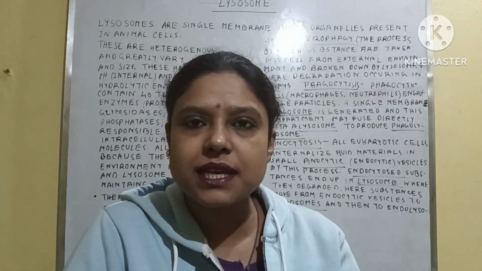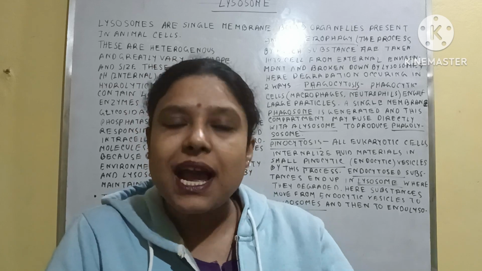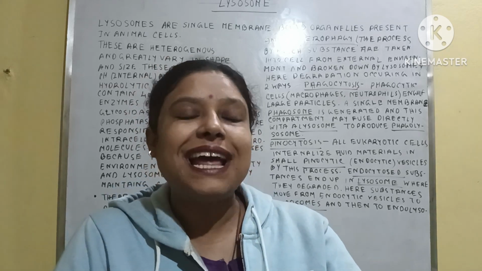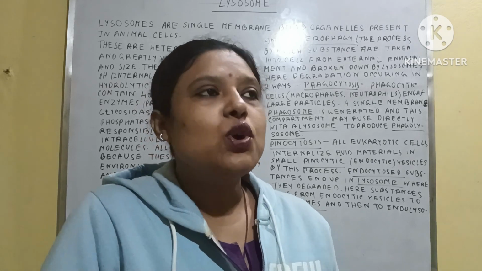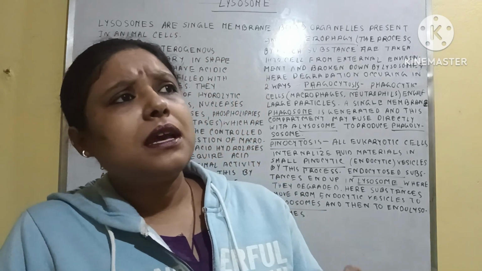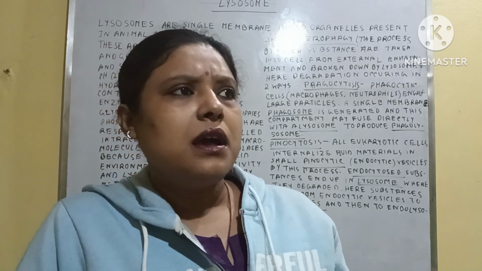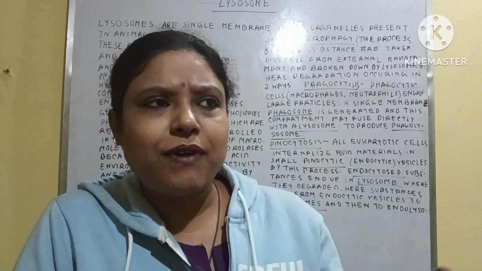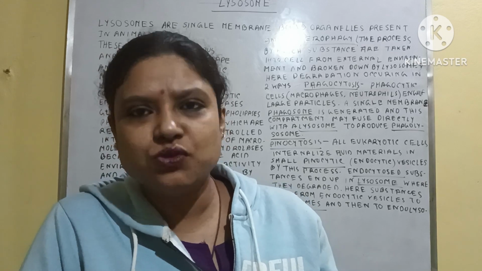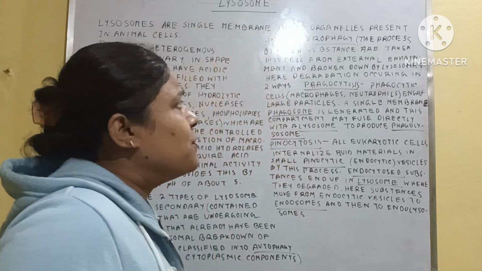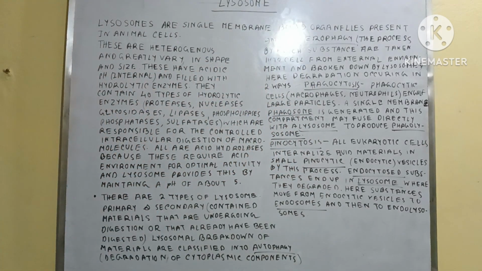Internal means within the cell and external means just outside the cell. Its function is to digest them. So you can say that this organelle is obviously related to the function of the macrophages and the neutrophils, etc. First we will see the structure.